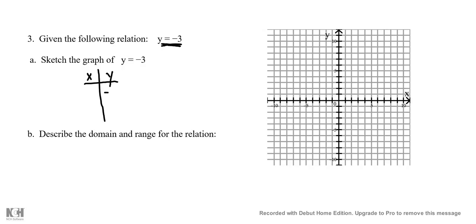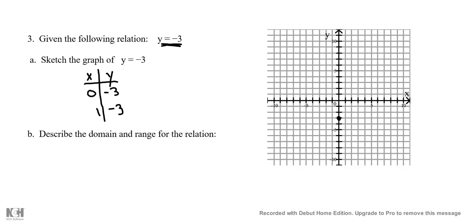Y equals -3. So no matter what I pick for my X, my y value is set at -3, so I can pick anything I want for my x, say 0 and 1. So I'm going to go over 0, down 3, put a point.